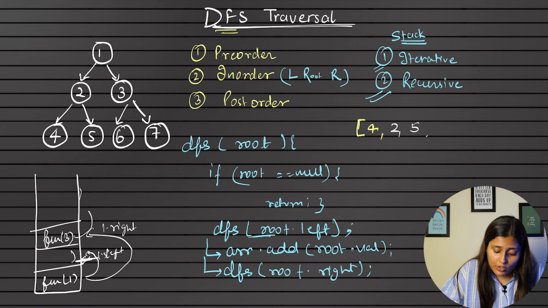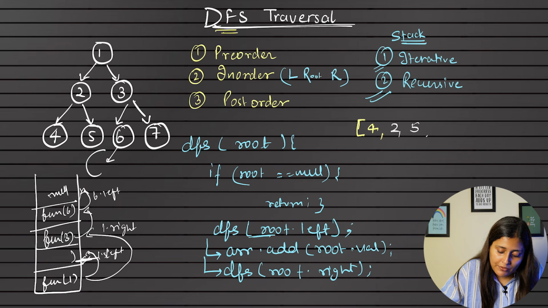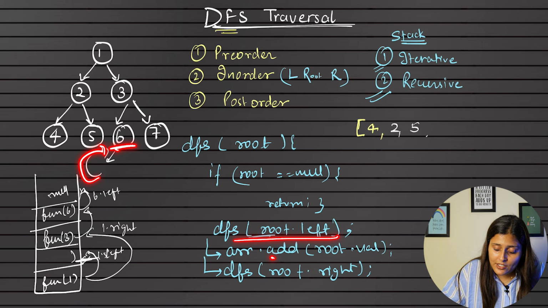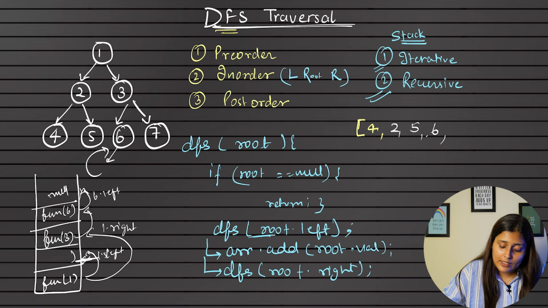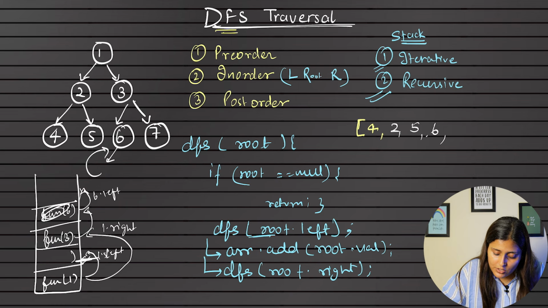Now for function 3 we will call left, which means function 6. Now for function 6 we will call 6.left, which is nothing but null. So 6.left will get returned, correct? And now after that when 6.left got returned, again 6 will act as a root, so 6 will get added here. Now further we will return 6 back to 3, correct? So we will remove the 6 call.